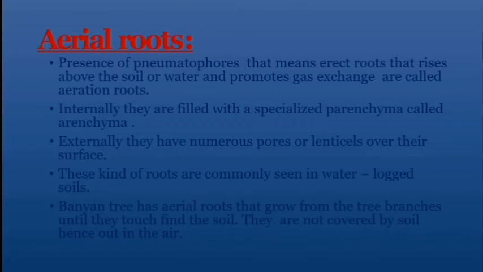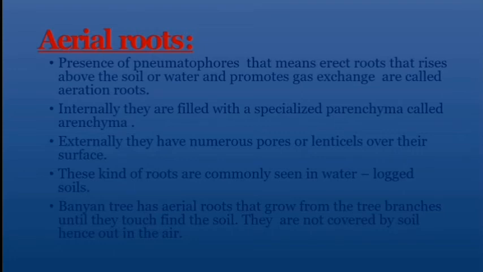Aerial roots. Aerial roots hang down in mid-air and absorb water from the rainfall. Pneumatophores, which means erect roots that rise above the soil or water and promote gas exchange, are called aerial roots. Internally, they are filled with a specialized parenchyma called aerenchyma.